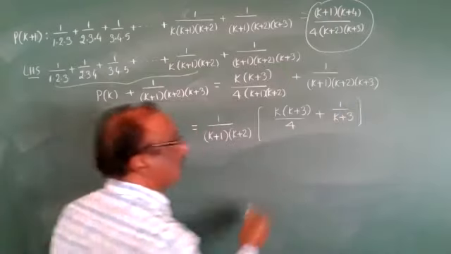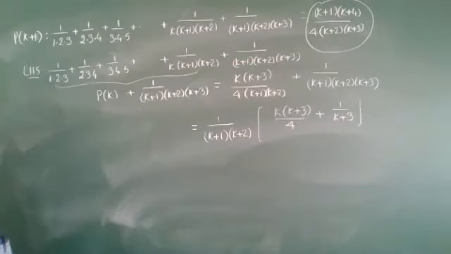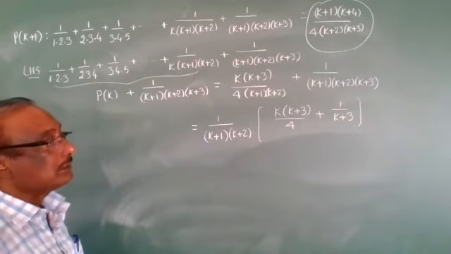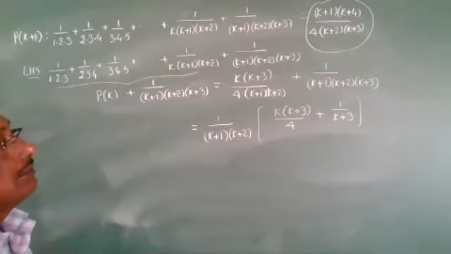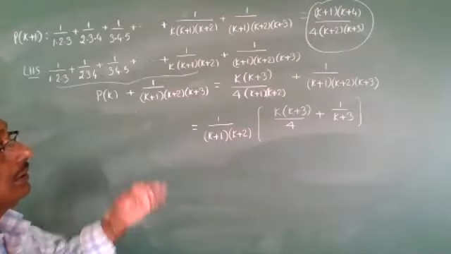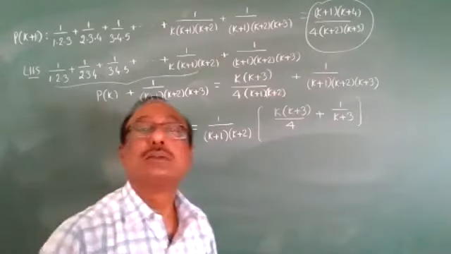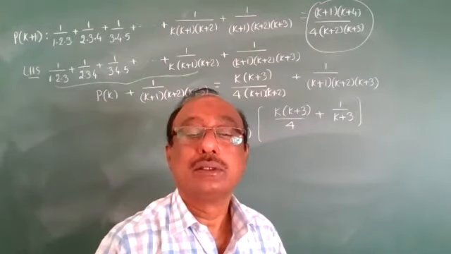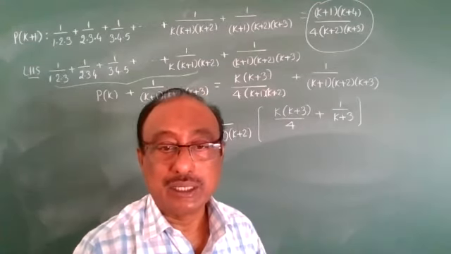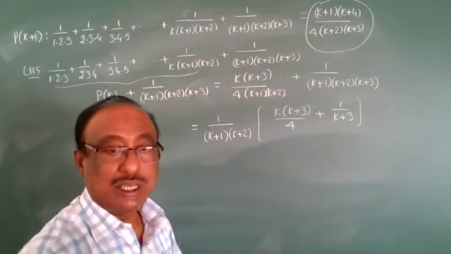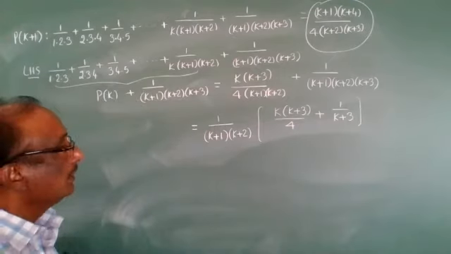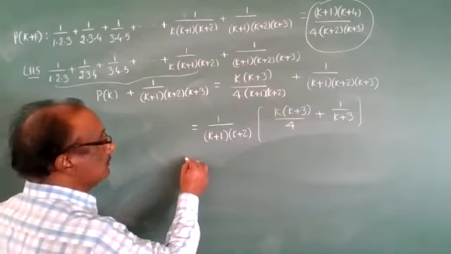Take LCM and simplify. We get the same required answer, we can check. So the internet is unstable, up and down. All right, simplify everyone.